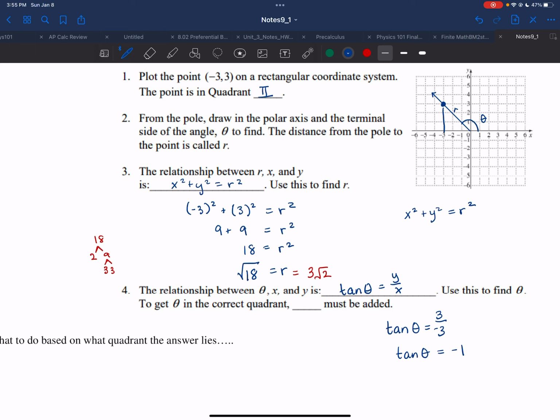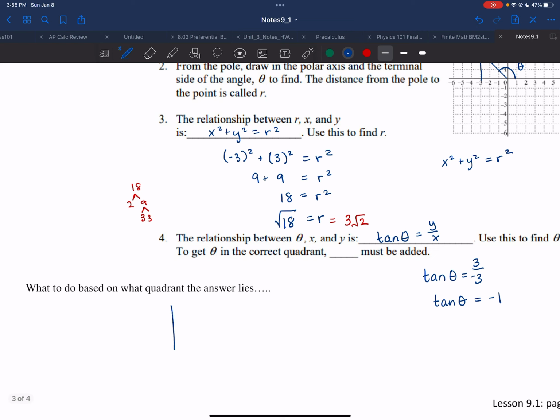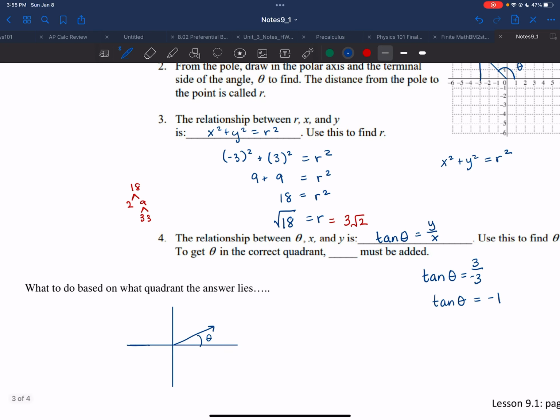Now, when you're in different quadrants, your tangent is based on your x-axis. So if you have something in this quadrant, it's to the positive x-axis, you do nothing. Okay, this is quadrant 1. If you are in quadrant 2, it will give you the angle with respect to the negative x-axis, and it will be a negative angle, right?